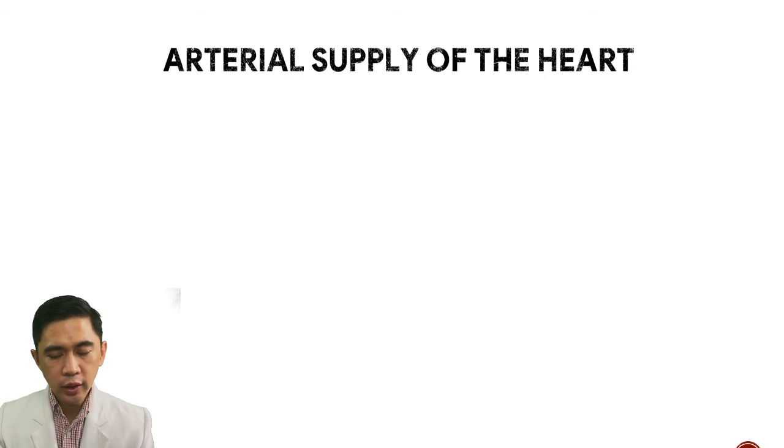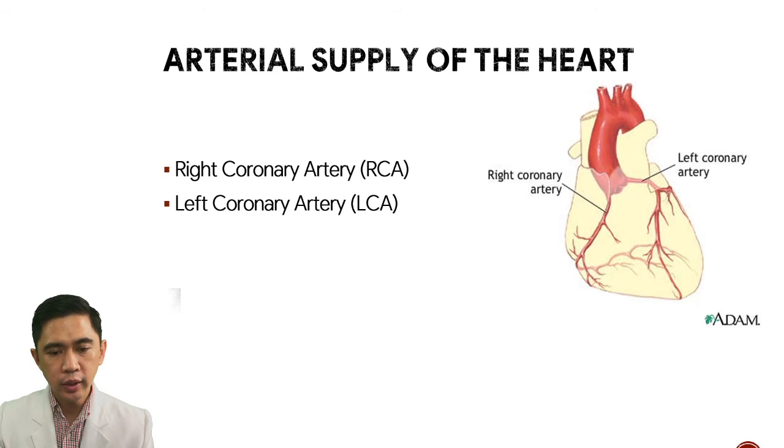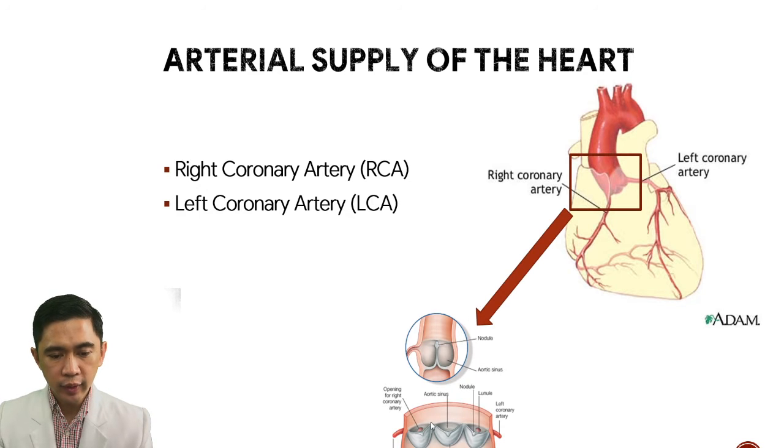So the heart is essentially nourished by itself through the right coronary artery and the left coronary artery. So this is the left coronary artery, and this is the right coronary artery. It stems from the aorta itself. And if you can still remember, we have the semilunar cusp in the aortic valve.